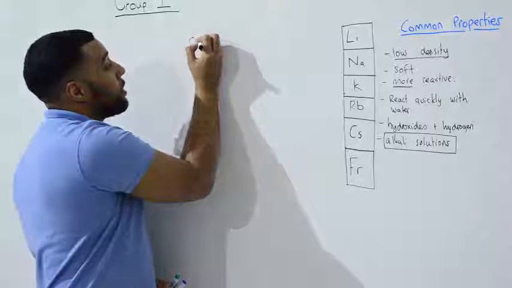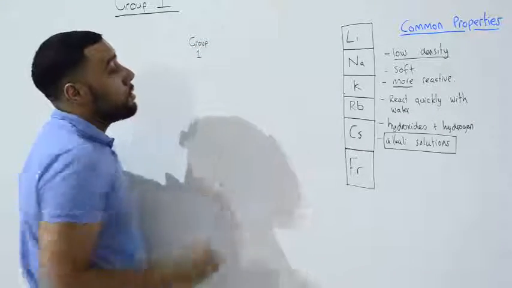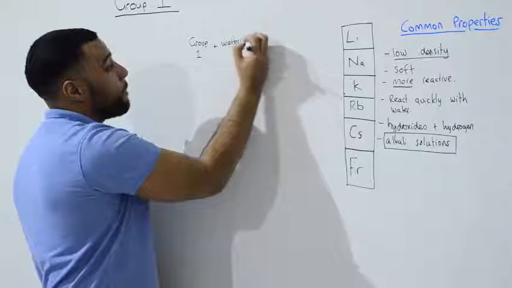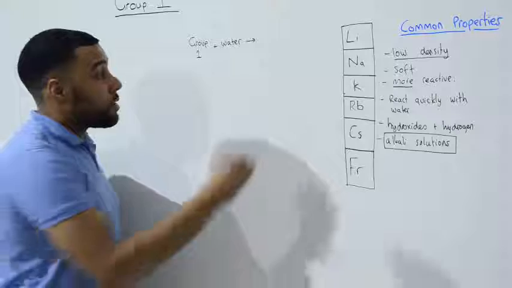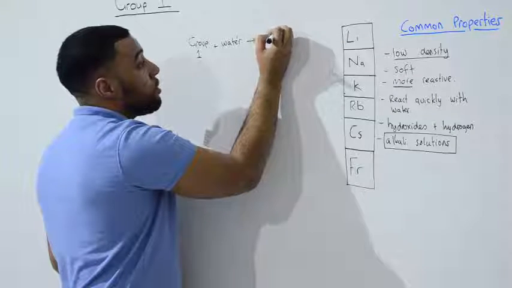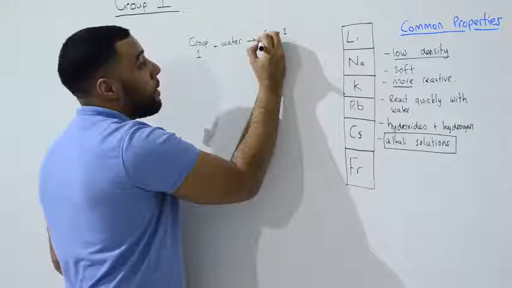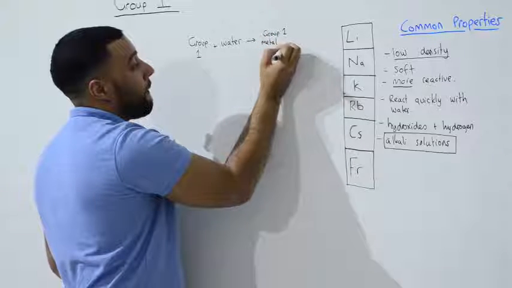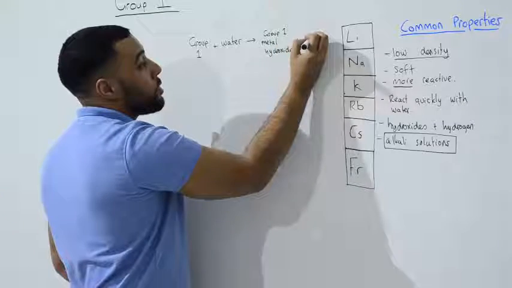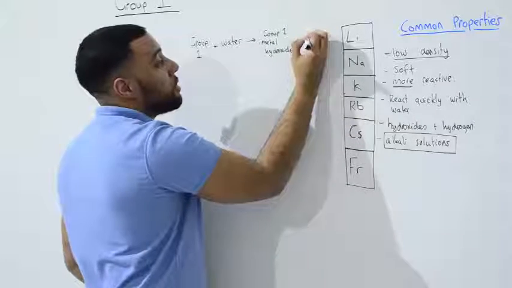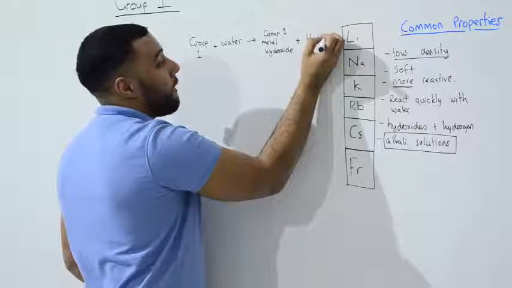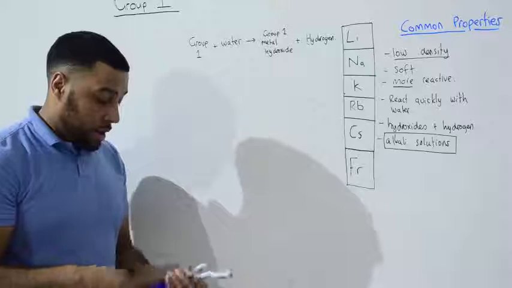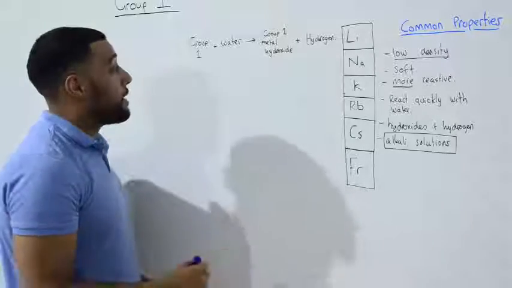So any Group 1 metal plus water will produce the Group 1 metal hydroxide plus hydrogen. I can give you guys a more definitive example.